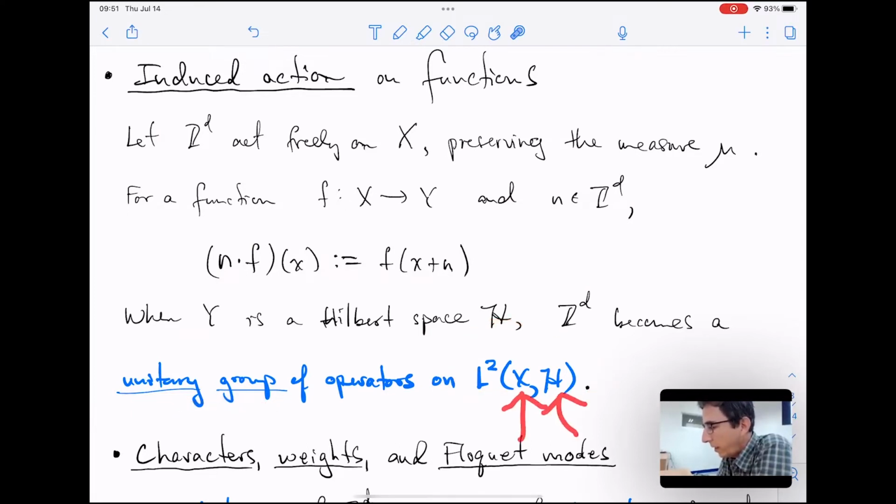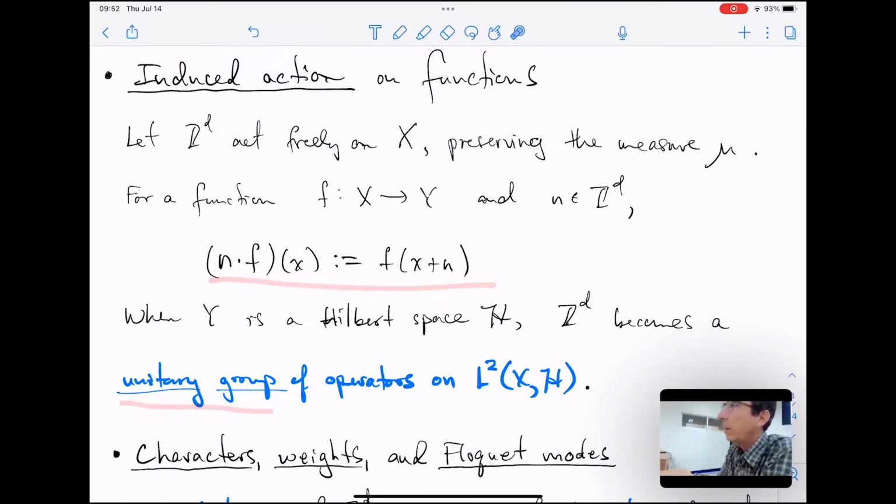So if this f is actually in the L2 space of functions on X with values in a Hilbert space, which could be just the complex numbers, then why is it unitary? It's because when you shift a function and the measure is invariant under the shift, then the integral will be the same.